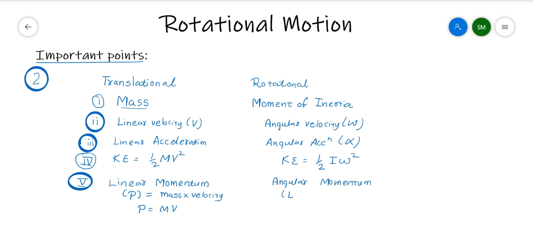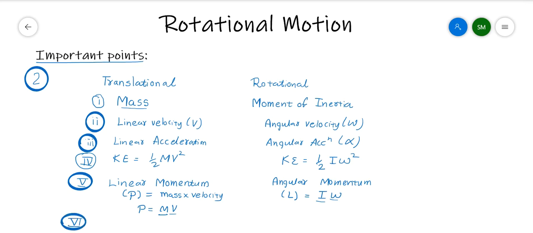Angular momentum is denoted by the symbol L, and it is given by I into omega. You can compare both sides. p is equal to mv and L is equal to I omega. The role of p is played by L, the role of m is played by I, and the role of v is played by omega. So keep it in mind.